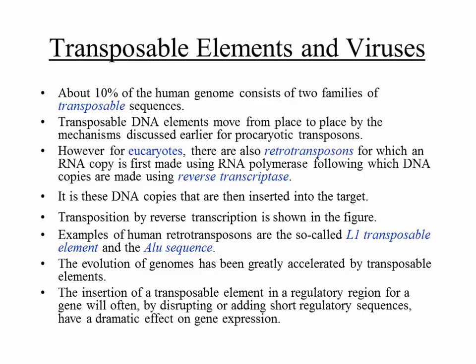However, for eukaryotes, there are also what are called retrotransposons. Retro means it's against the normal flow of genetic information. The normal flow of genetic information is from DNA to RNA and then to protein. So if you go from RNA to DNA, that is going to be retro.